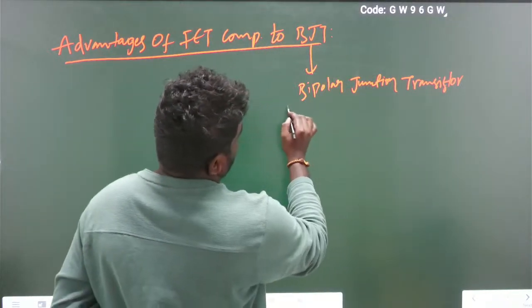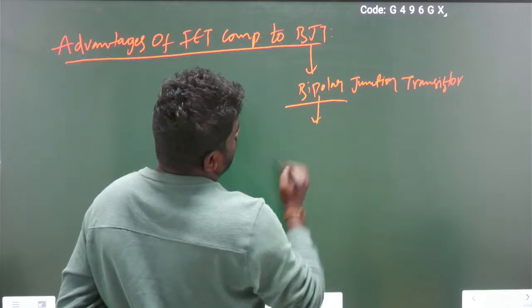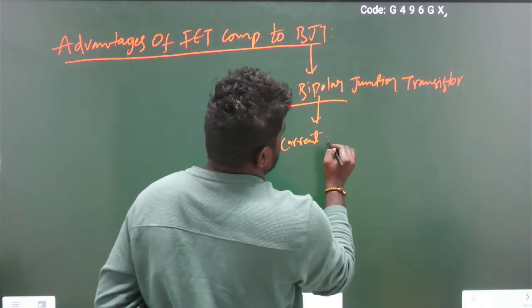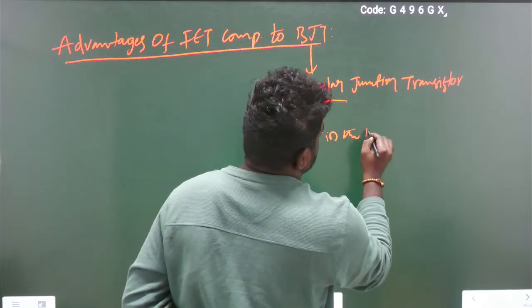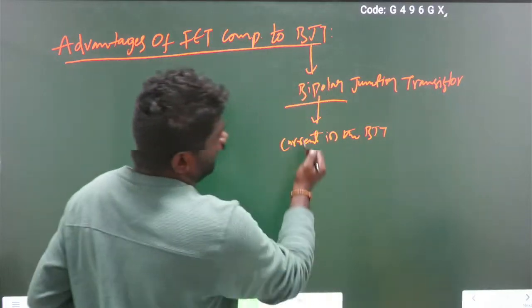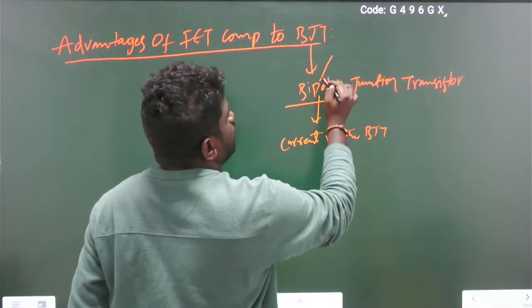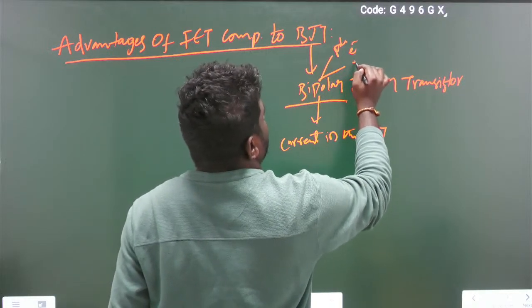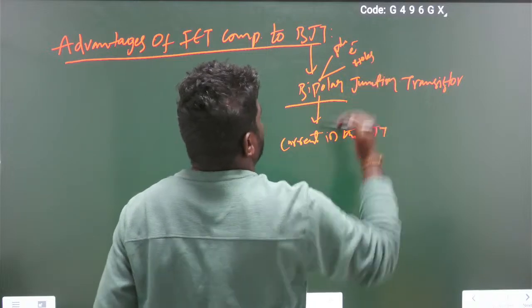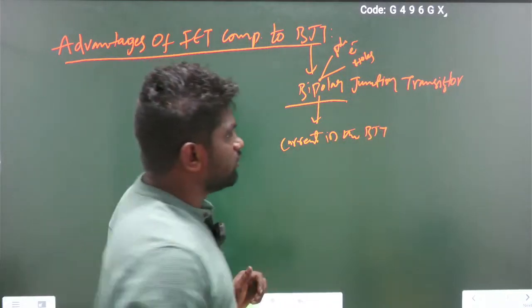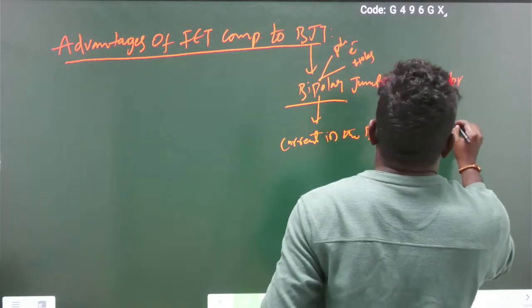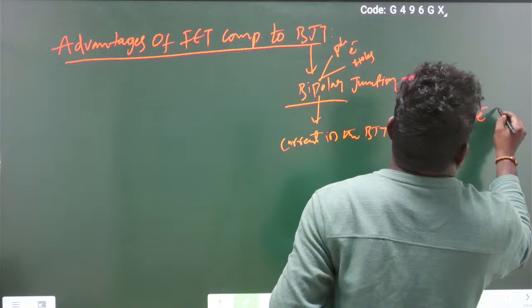Now we will see the current in the BJT. This is bipolar, so two polarities should be there: electrons and holes. It means the current in the BJT is due to both electrons and holes.